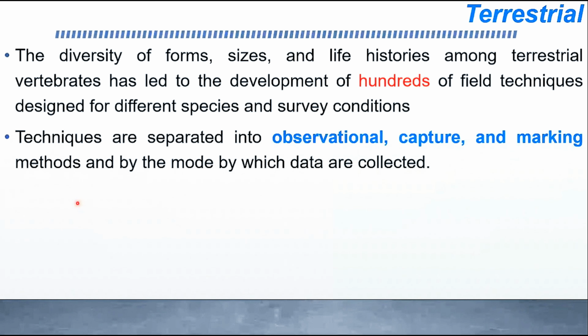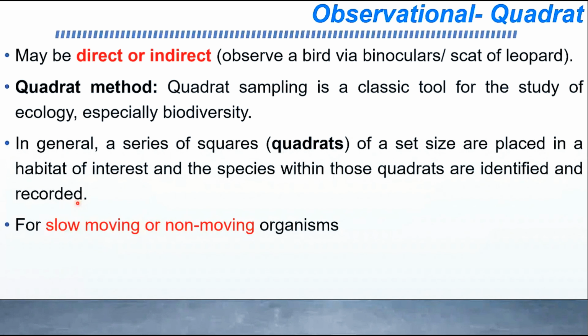We can separate them into capture techniques and also marking techniques. And this is the way in which you can collect data. Okay, so these are all the methods which will help you to gather data, to create baseline data, which will give the richness and abundance of a particular group of organisms in which you are interested, right? So first we will have a look at the quadrat method.